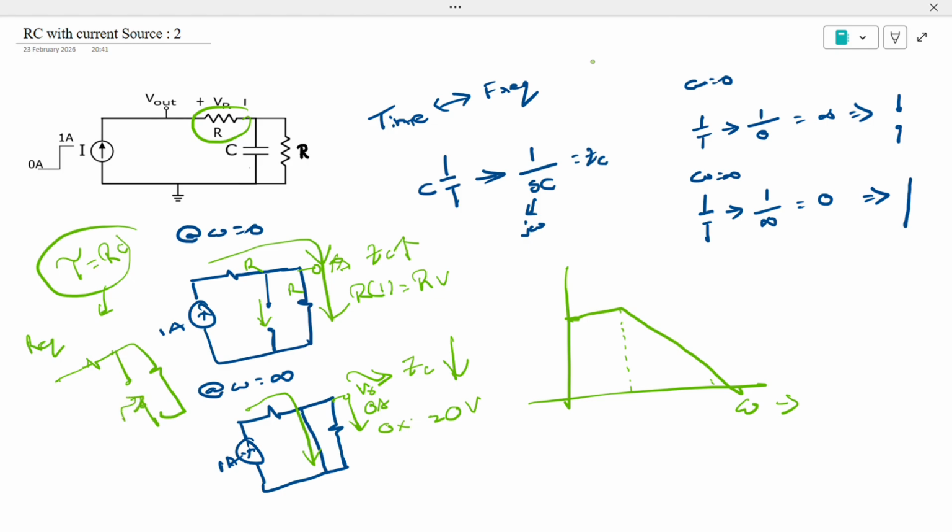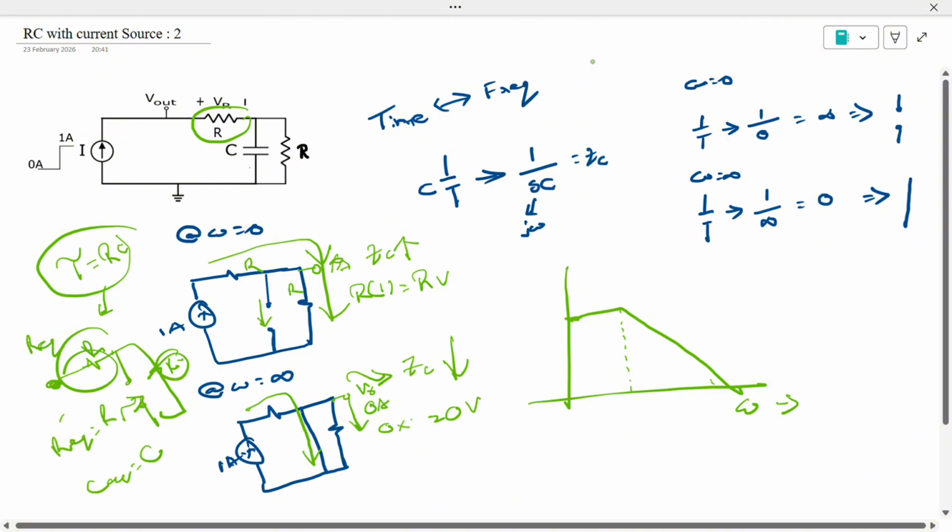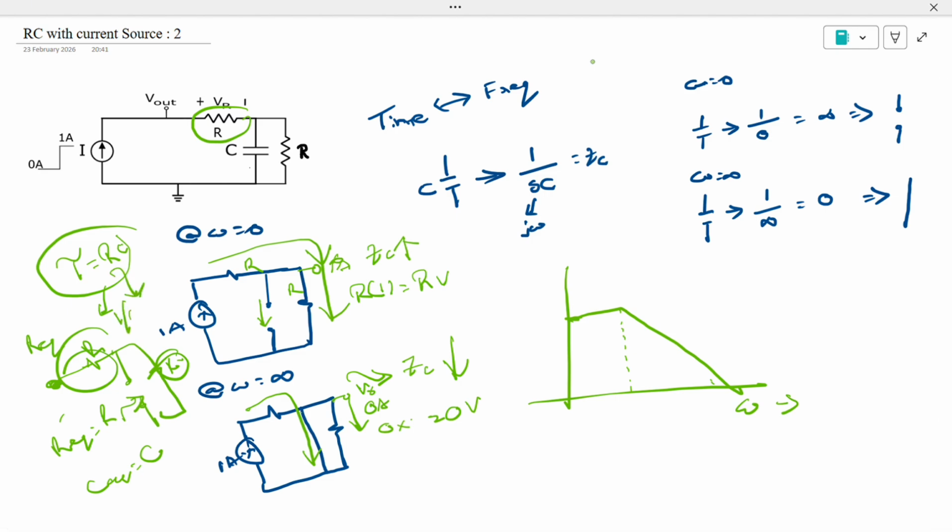This is the ends of the capacitor. If you see from here, the equivalent resistance will be, since this is open circuited, you don't need to consider this resistance. So R equivalent is equal to R. C equivalent is equal to C only. So tau is RC. So the pole also will be 1 by tau. So the location of pole is 1 by tau here.